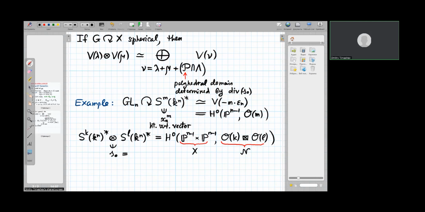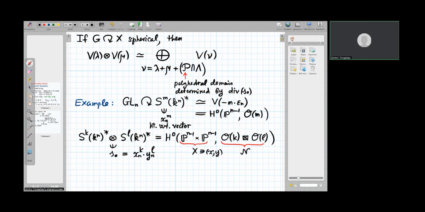So if we denote a point in this product variety as a couple (x, y), so that x and y are just points in P^{n-1}, then this highest weight vector will be just the product x_n to the power k times y_n to the power l. Okay?